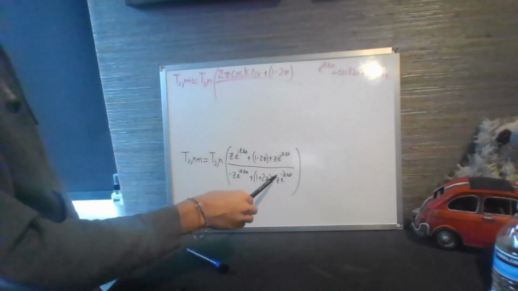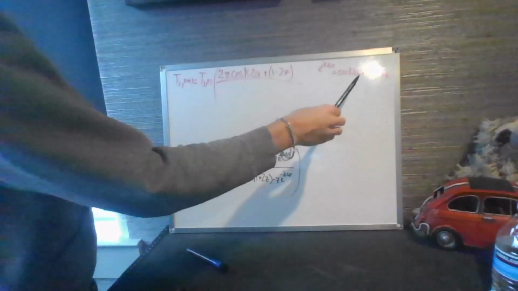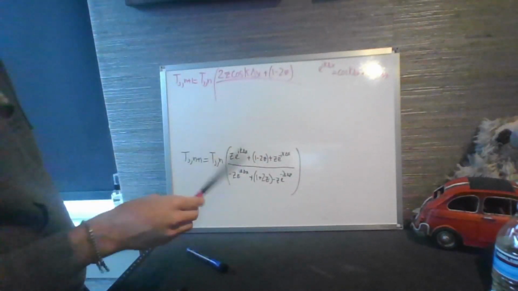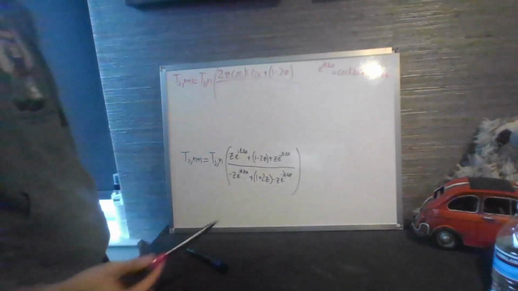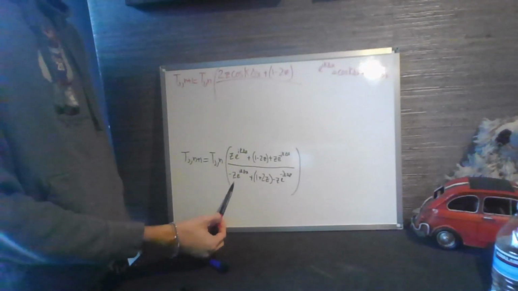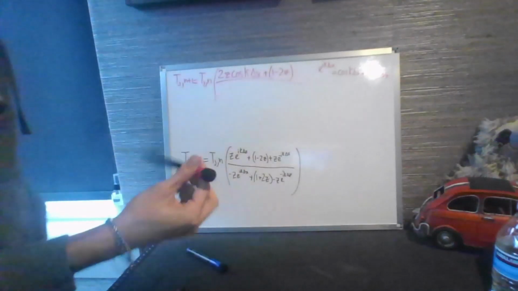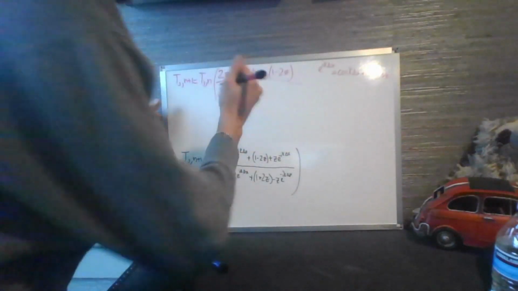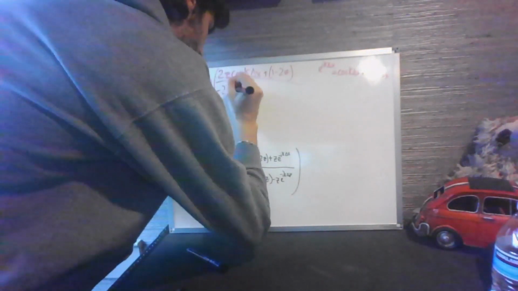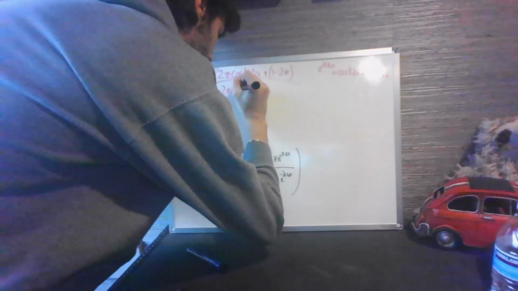But in turn to having a negative exponential, the i sine becomes negative, and with the negative out front, it becomes positive, so it cancels out with this negative i sine here. So what we'll end up with is a negative 2z cosine k delta x, and then of course this constant plus 1 plus 2z, right?